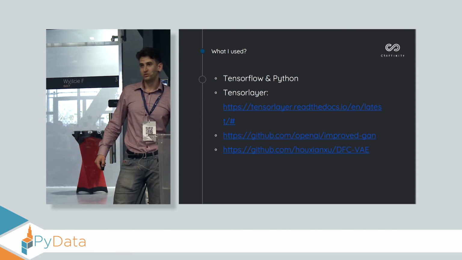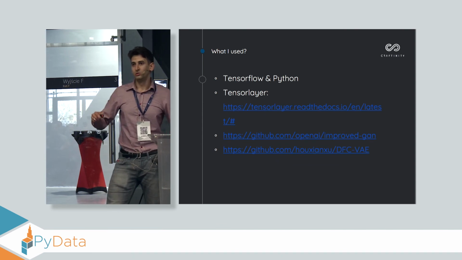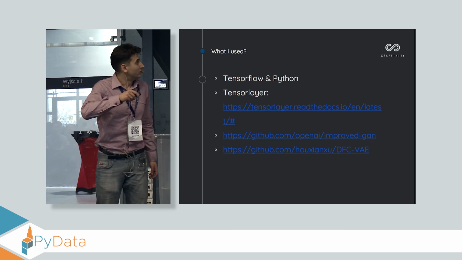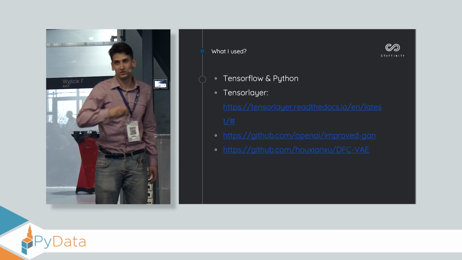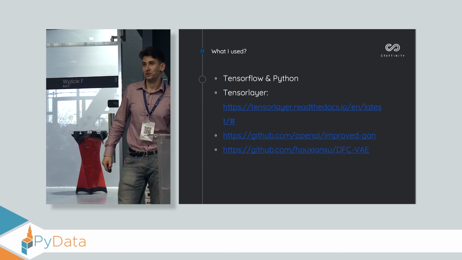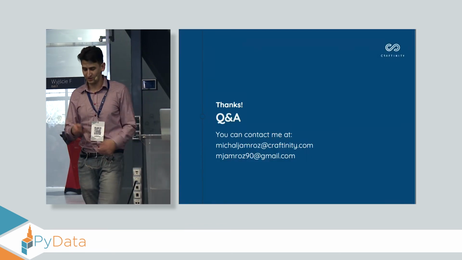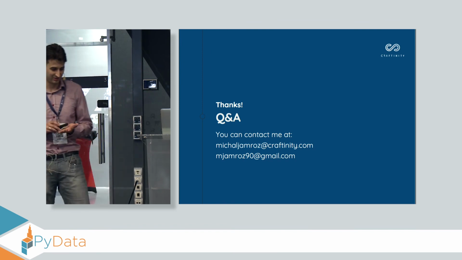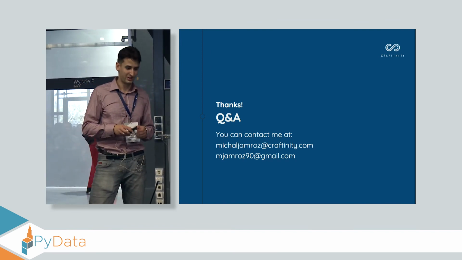I also used the code which was published by authors of various papers. Okay, so that would be enough. Thanks for your attention. If you have any questions, feel free to ask.